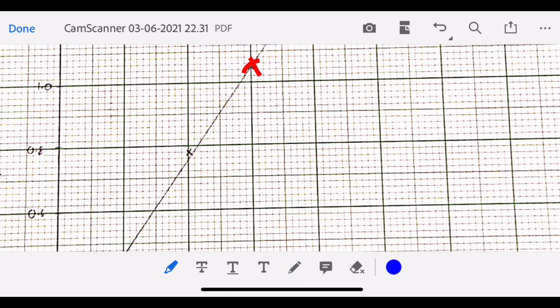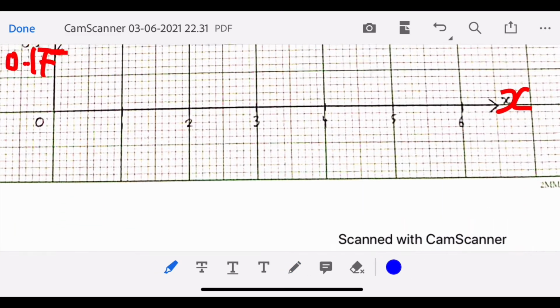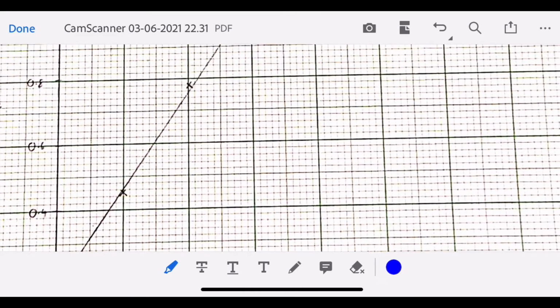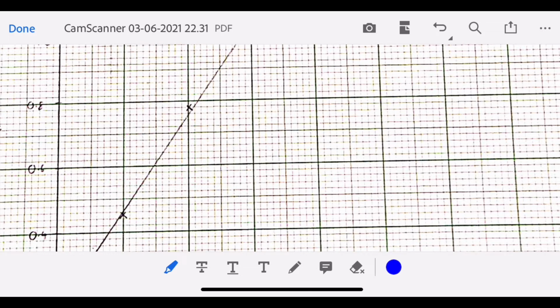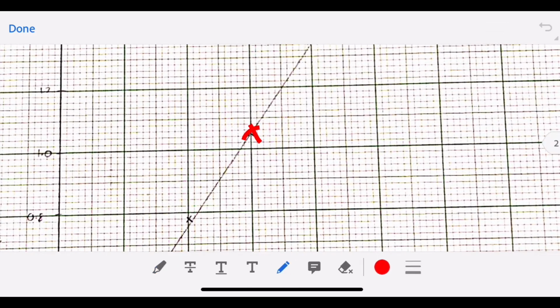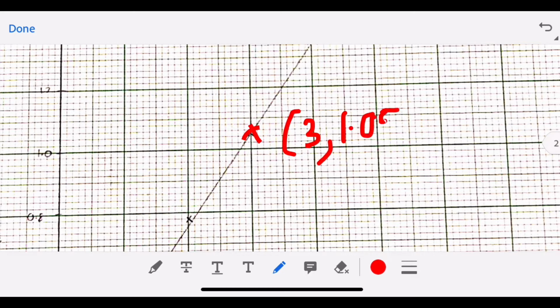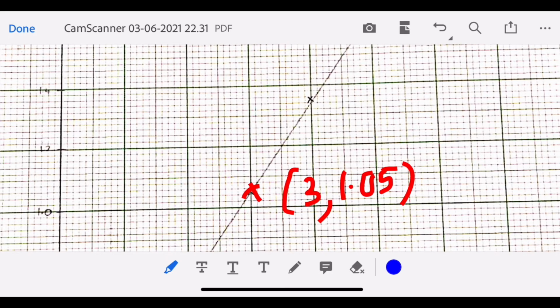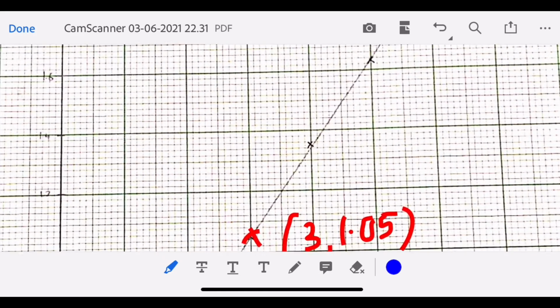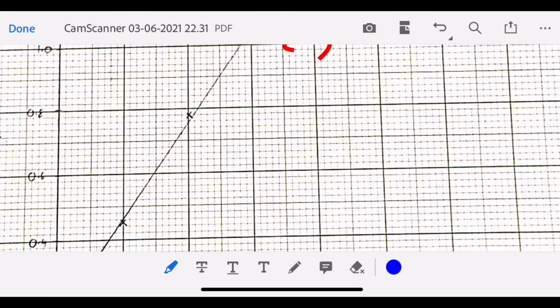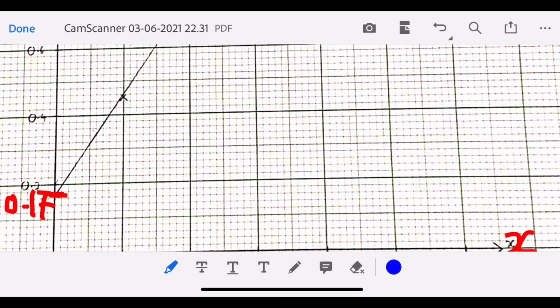The best point means the point that lies exactly on the straight line. So I'm choosing this point, it's 3 and 1.05. Alright, so this point is actually the best point, I guess, because it's exactly on the line of best fit.